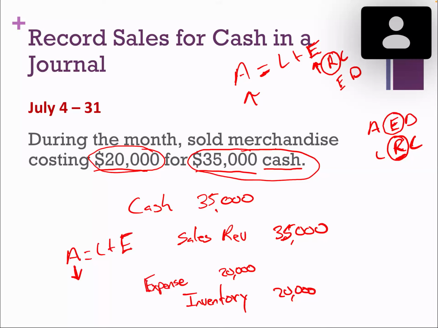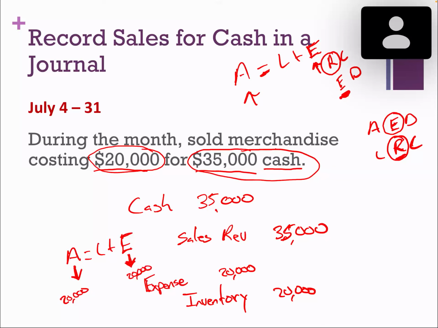And so if we go back to here, sorry, our assets are going down. And remember, expenses are one way that the equity goes down, one of the two ways. And so our equity is going down. You can see this still balances, right? So 20,000 down, 20,000 down on this side of the equation. Okay.